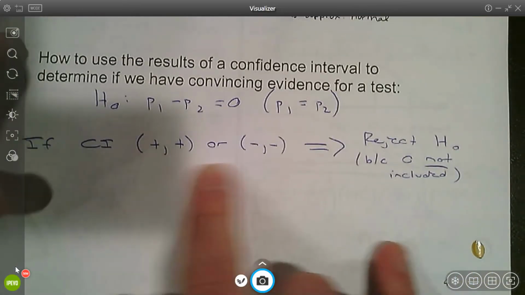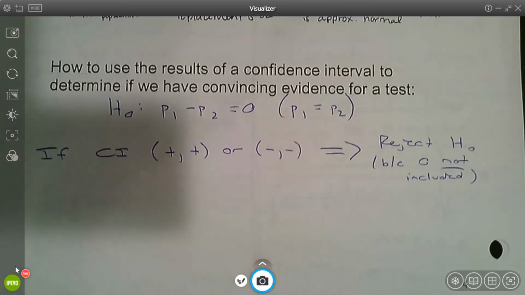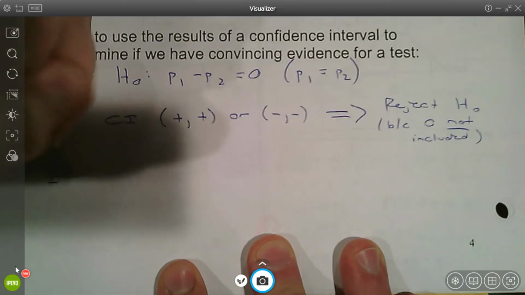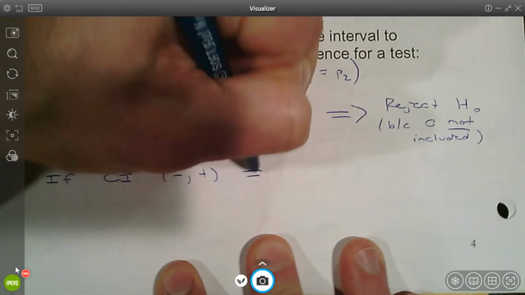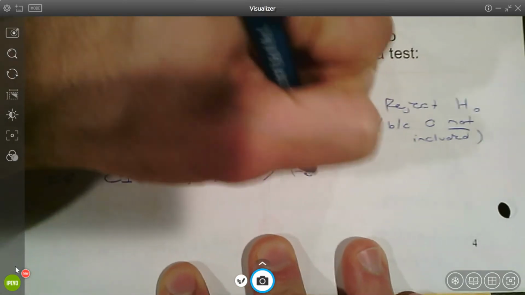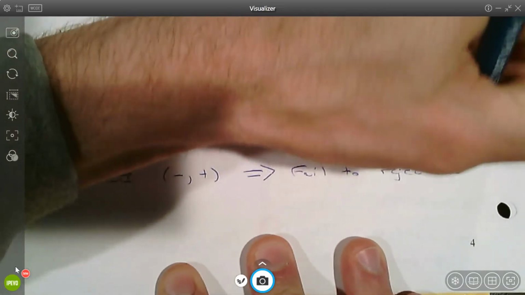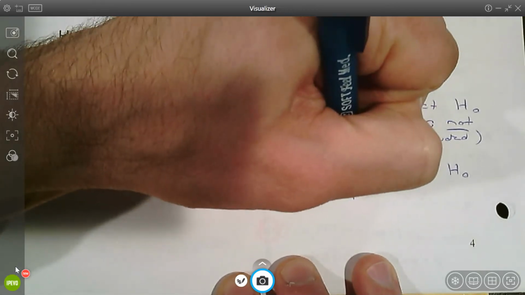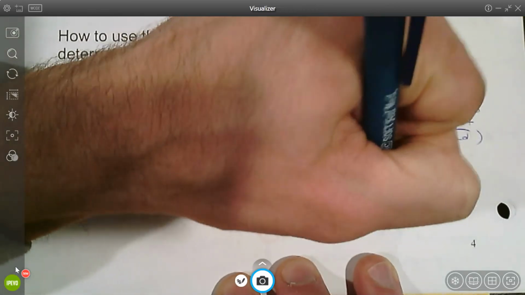So 0 is not a plausible value, so we'd have convincing evidence that they're not the same, that one of the two proportions is higher. However, if the confidence interval goes from a negative to a positive, that implies we would fail to reject the null hypothesis, and that would be because 0 is in the interval.